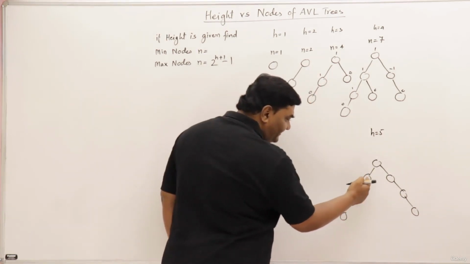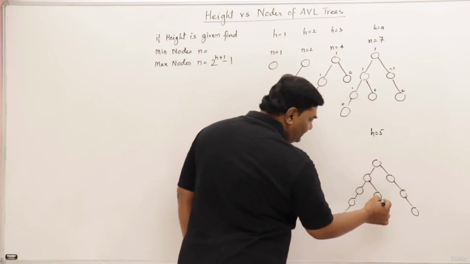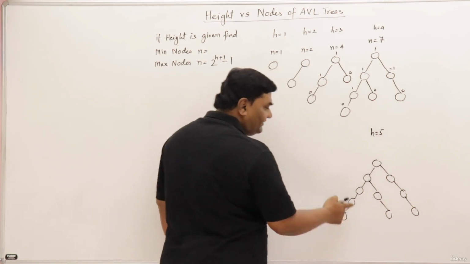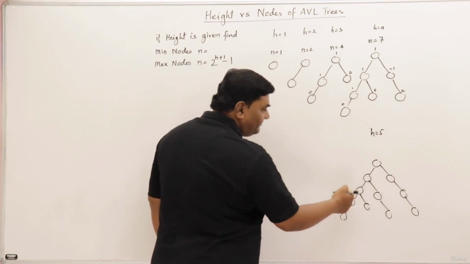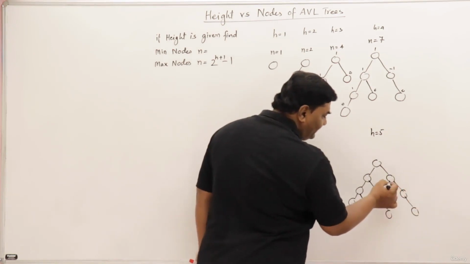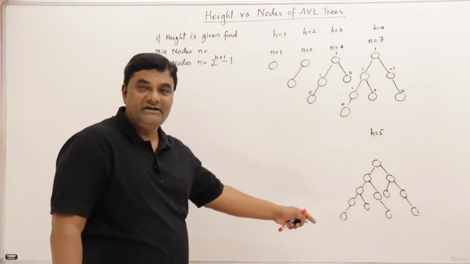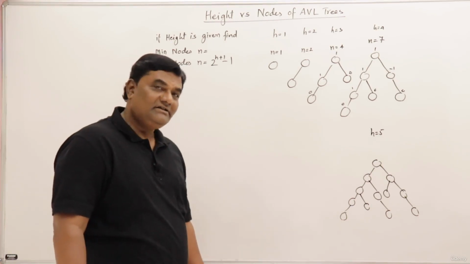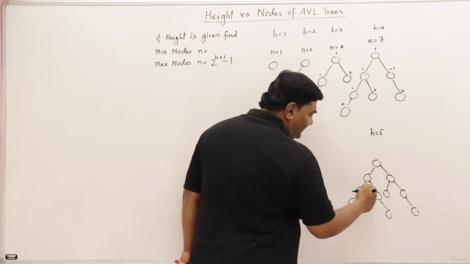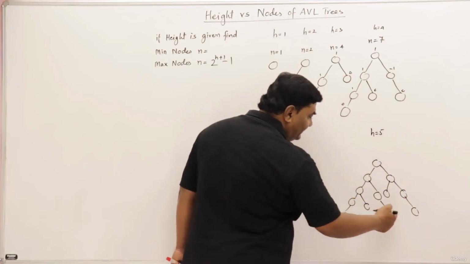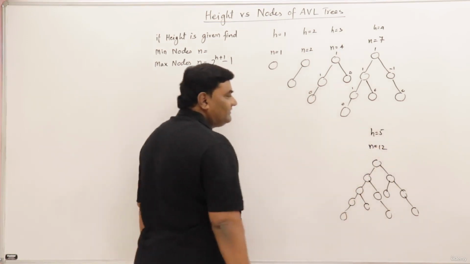Then for this, you have 4, so you should have 3. Now it is balanced. Here you have 3, so here you should have 2. Balanced. If you check the balance factors for all the nodes, then the tree is balanced. Total how many nodes are there? 1, 2, 3, 4, 5, 6, 7, 8, 9, 10, 11, 12. So minimum 12 nodes are required.